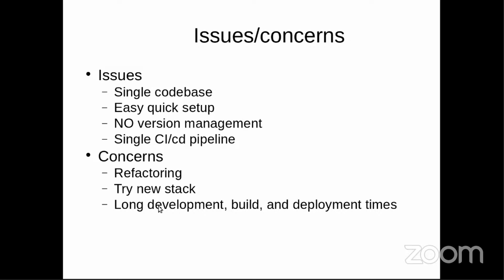So let's break these concerns down. What is this long development? Previously, I was citing an example. When we worked with AngularJS, we built an app for 3 years. Why did it take 3 years?